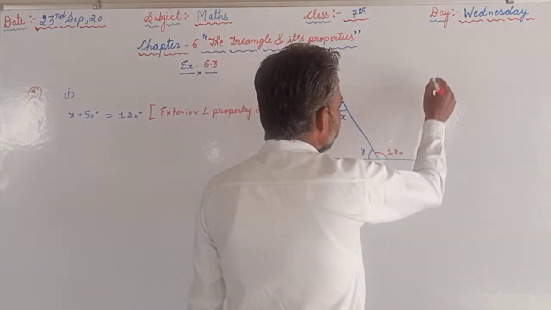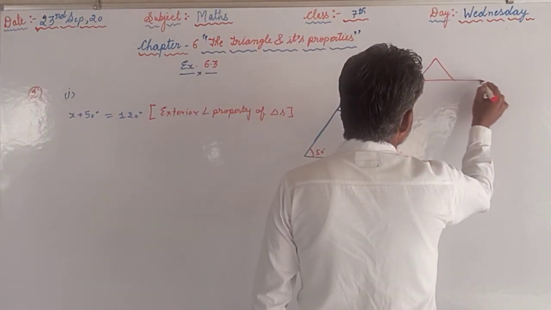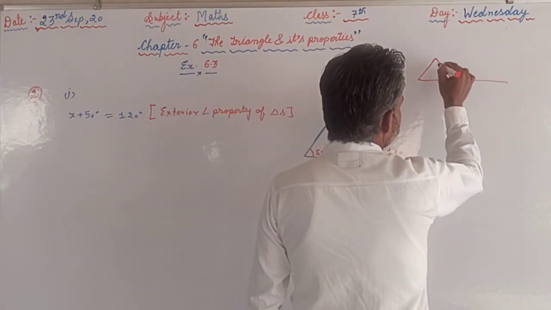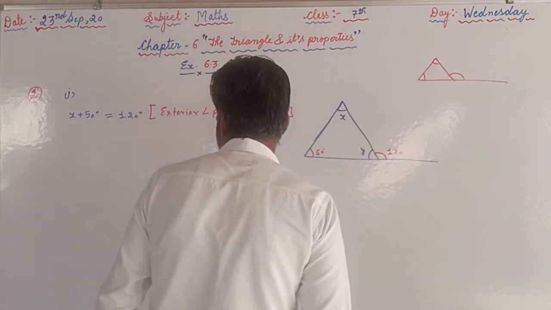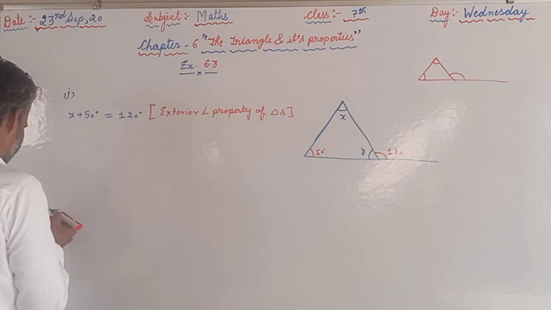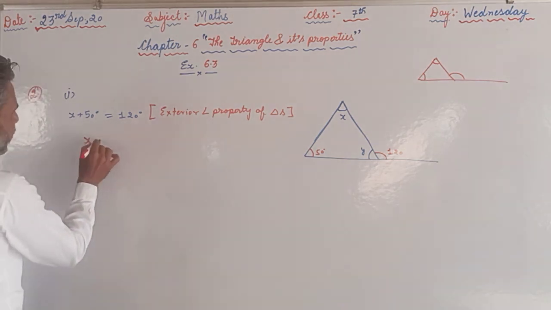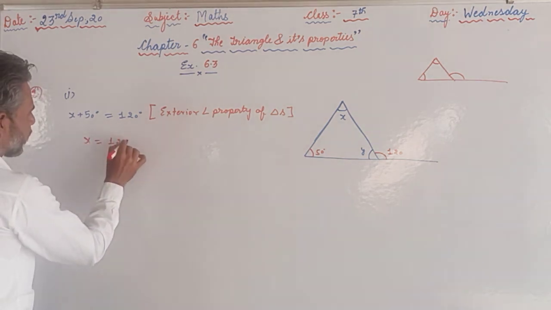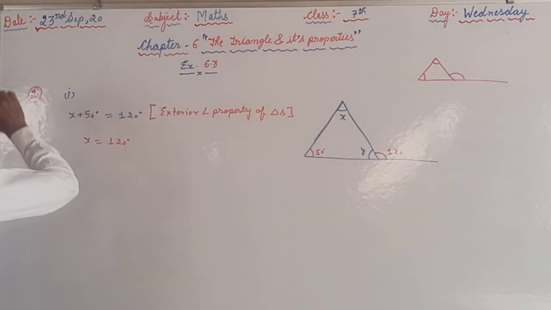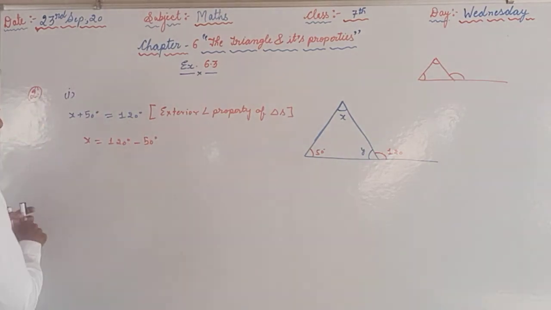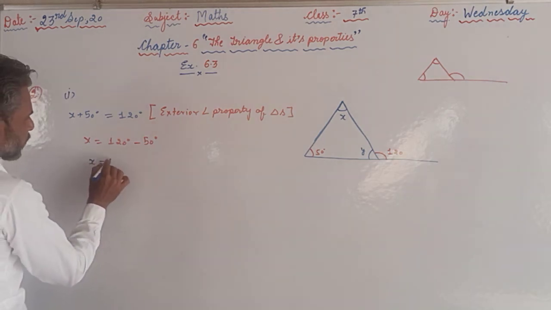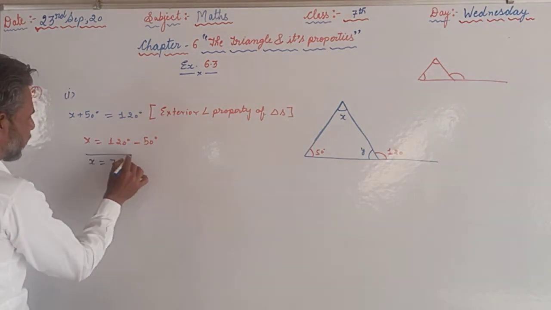As I told you previously, if any triangle is there, this angle will be equal to the sum of the opposite interior angles. So again we can write here that x plus 50 is equal to 120 degrees. Now the constant term will be transferred to the right hand side with the changed sign. So from here we get x is equal to 70 degrees.